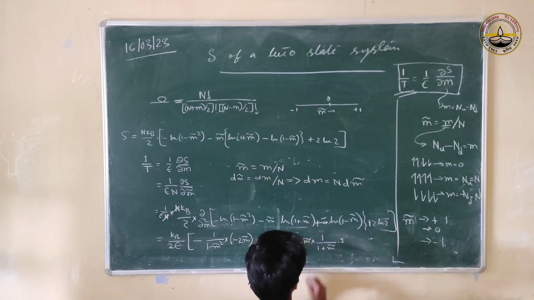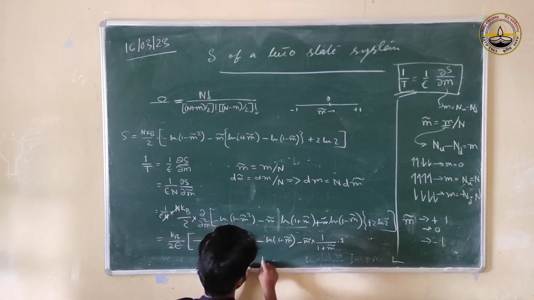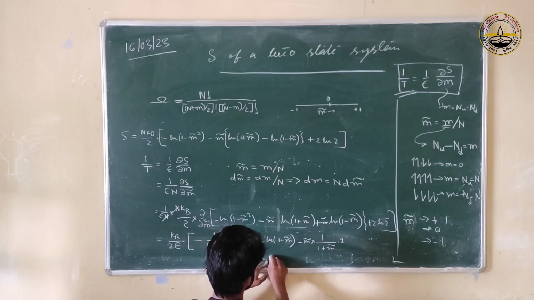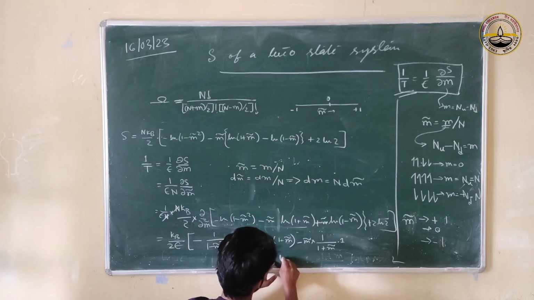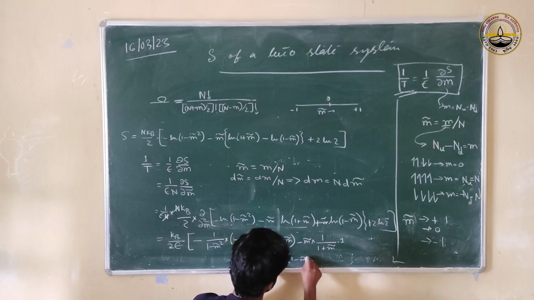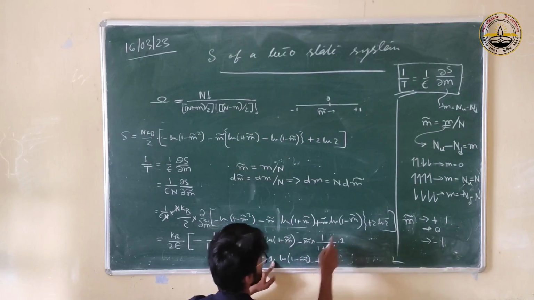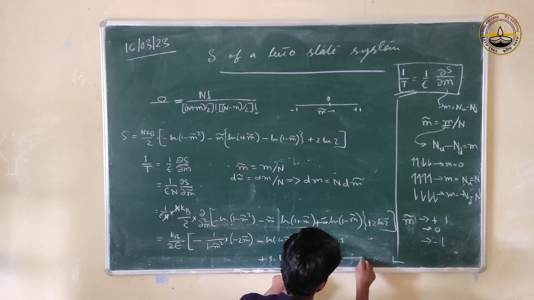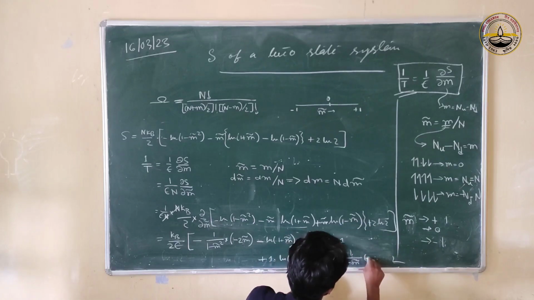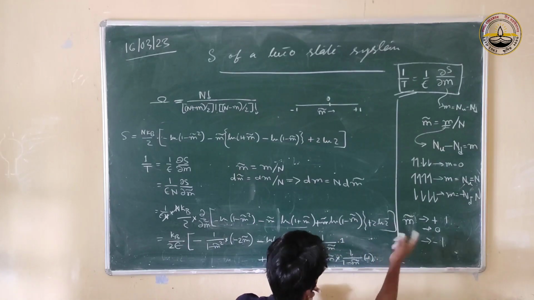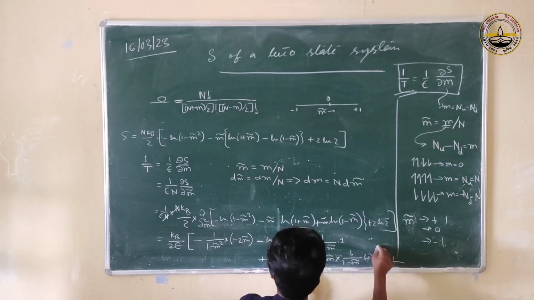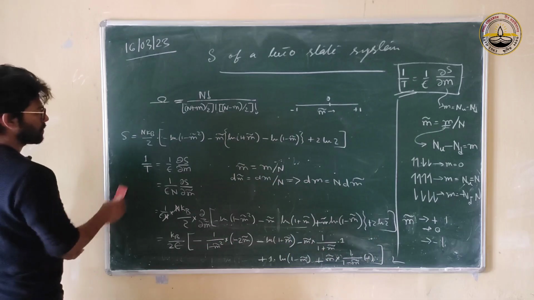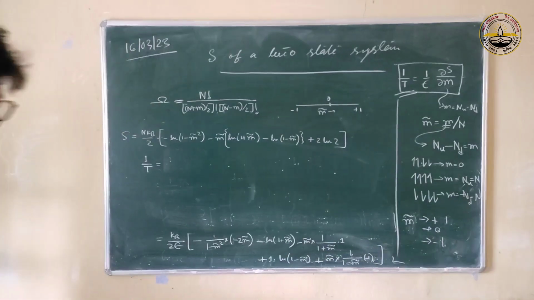Then the derivative of this term would be the first derivative, 1, times ln of 1 minus m tilde, plus m tilde times the derivative of this, so the derivative of this is 1 over 1 minus m tilde, and then the derivative of this is minus 1. And the log of 2 derivative is just what? 0.